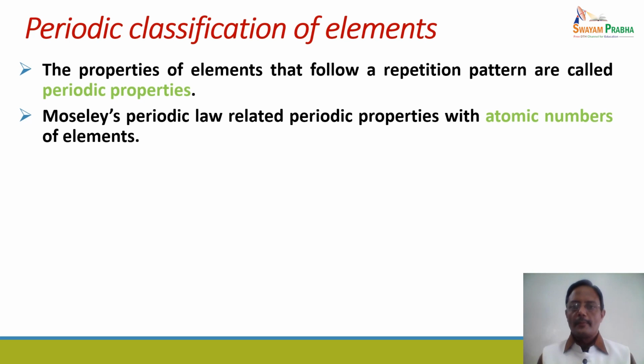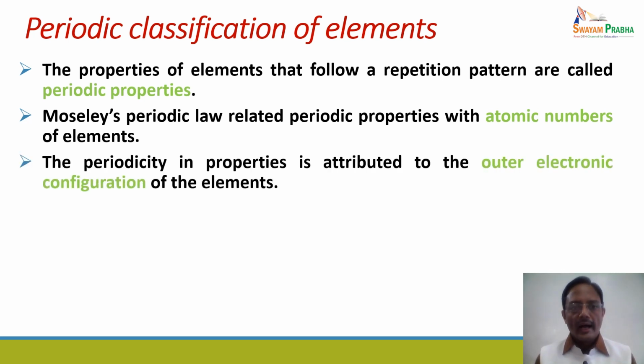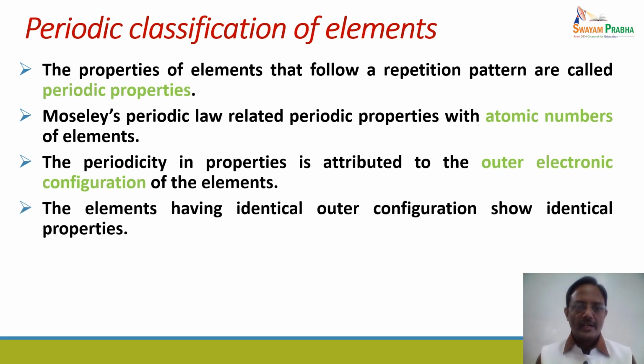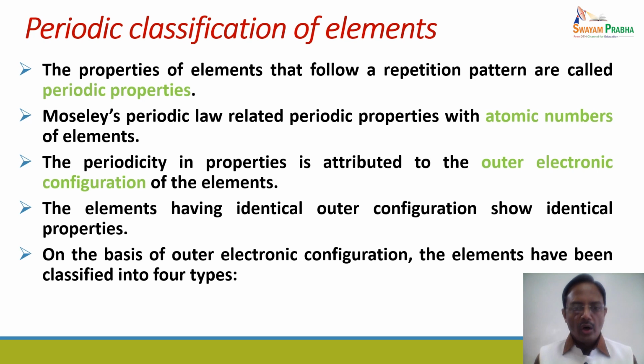Now, according to Moseley periodic law, the periodic properties vary in a periodic fashion because of the atomic numbers of the elements, and the periodicity in the properties can be attributed to the outer electronic configuration of the elements. The elements having identical outer electronic configuration or valence shell configuration, they show identical properties. And on the basis of the outer electronic configuration, it is possible to classify the elements into 4 types.